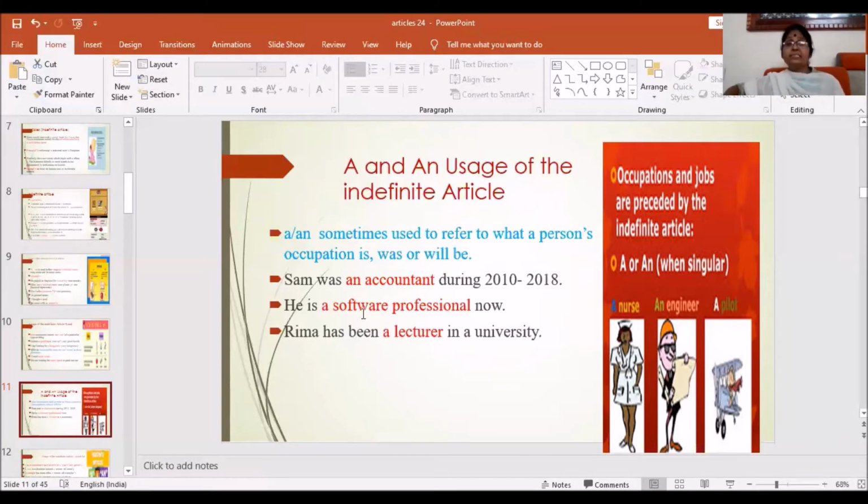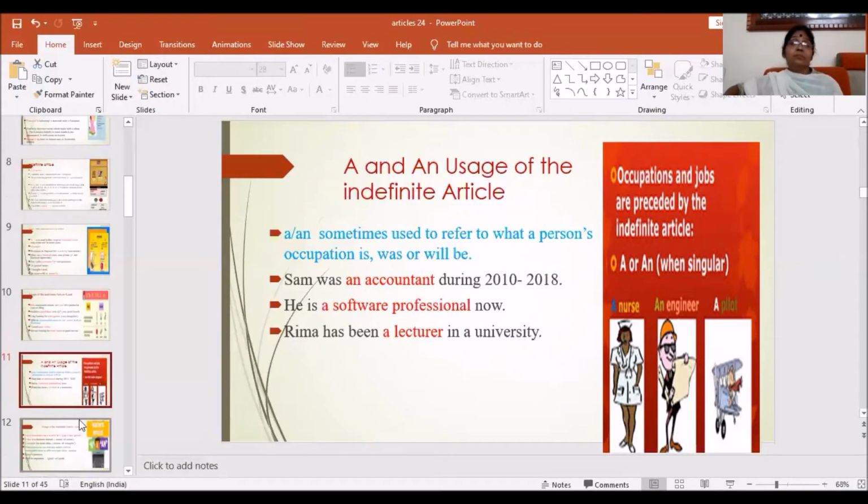Or presently he is a software professional now. Or Rima has been a lecturer in a university. So with these examples, we understand that we use a and an to refer to what a person's occupation is, was, and will be.